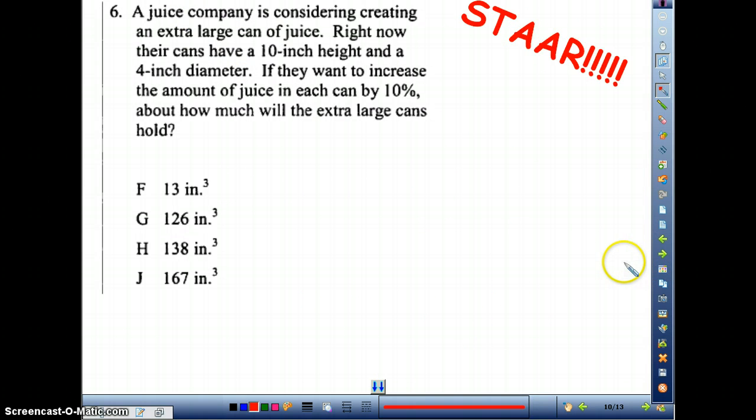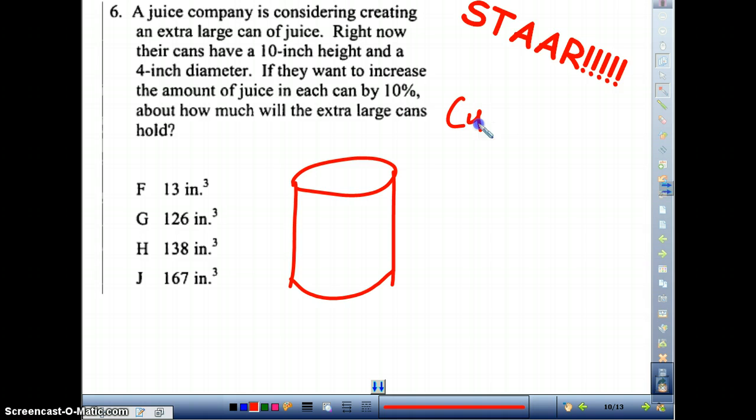All right, a juice company is considering creating an extra large juice can. Right now, their cans, which are cylinders, this is a great STAR question, have a height of 10 inches and a 4-inch diameter.